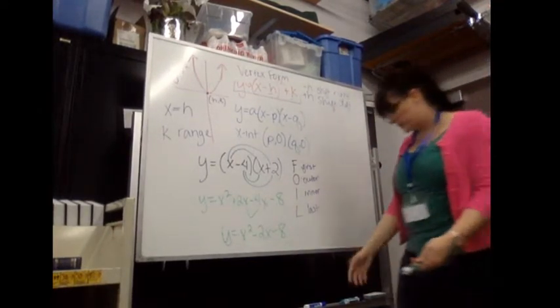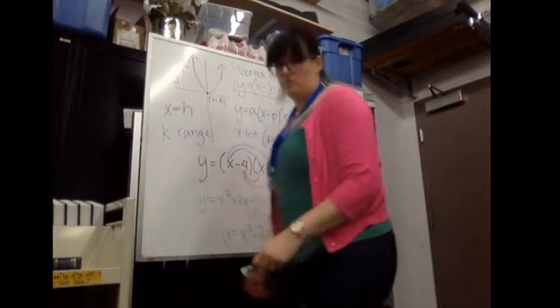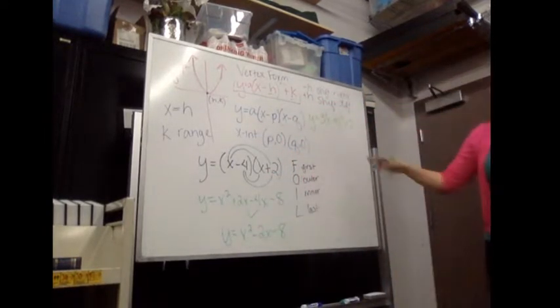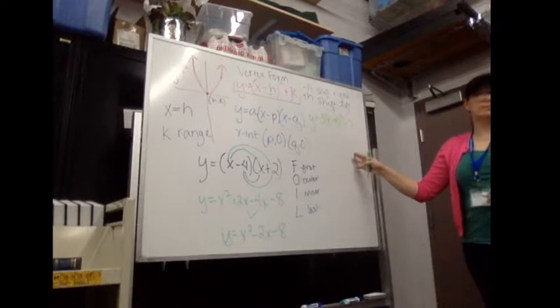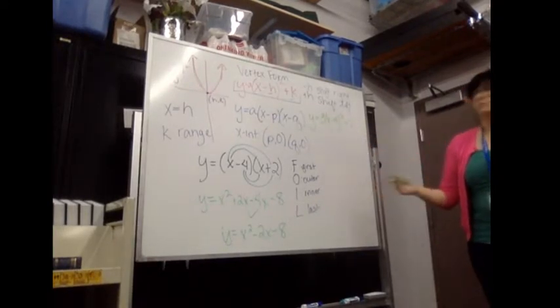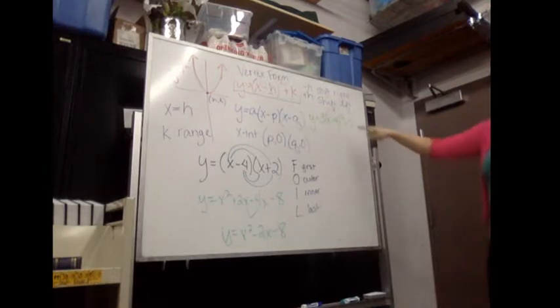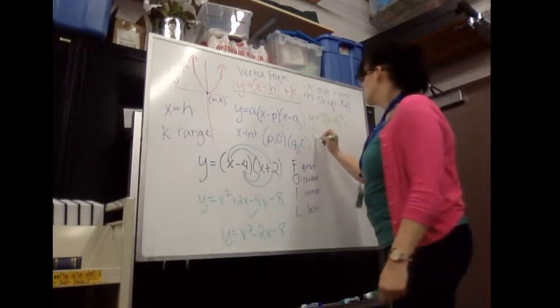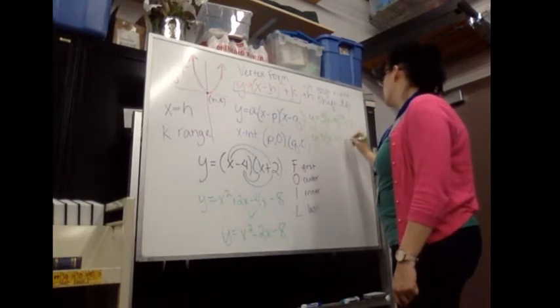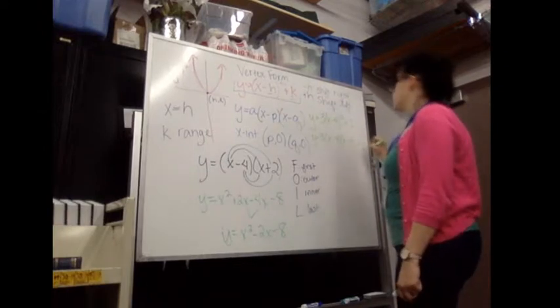Okay. So, what if they give it to you in vertex form, and they ask you to convert it? I'll use this one. So what if they say y equals 3 times (x minus 4) squared plus 2, just using the same one as before, and they want you to write this one in standard form. Well, you need to get rid of these parentheses, because those aren't in standard form. So let's follow the order of operations. First thing I need to do is square it. So that's y equals 3 times (x minus 4) times (x minus 4) plus 2.